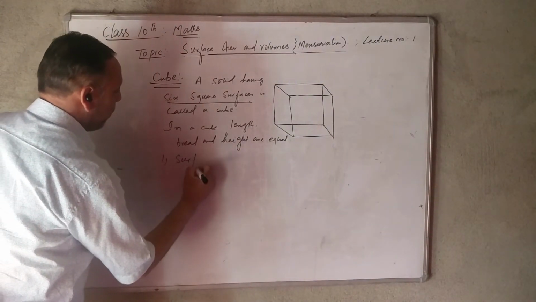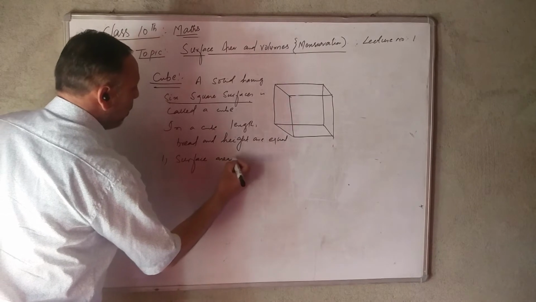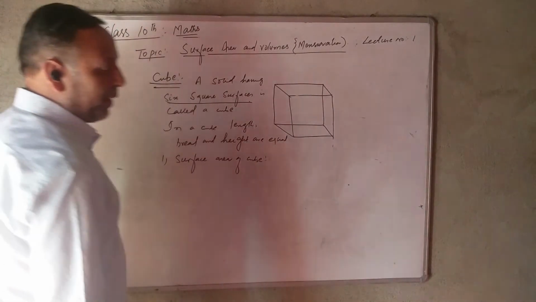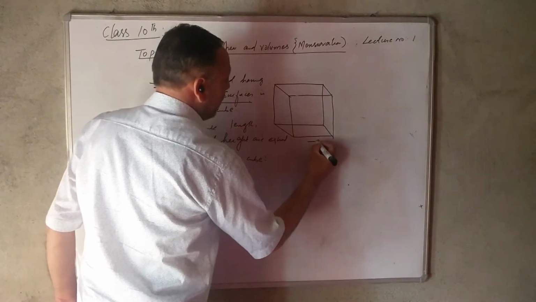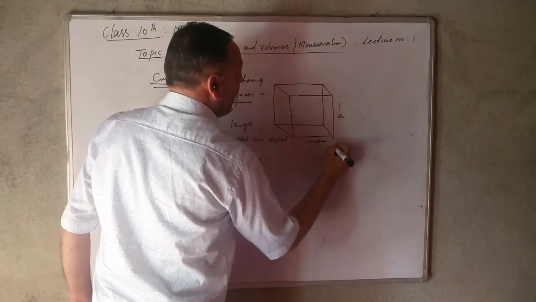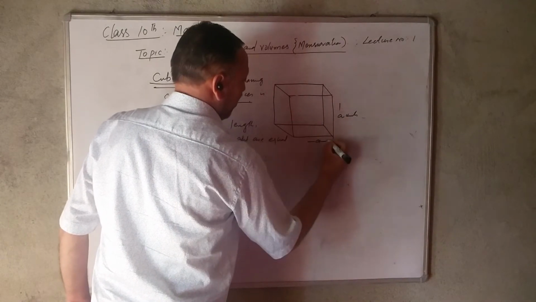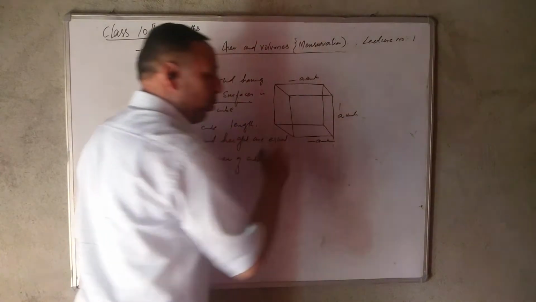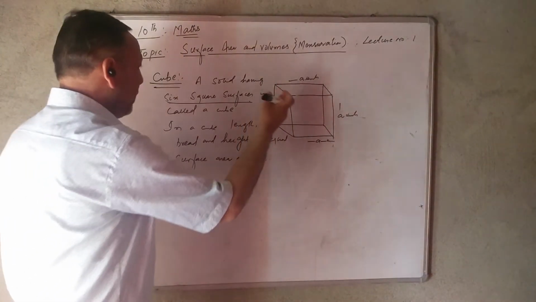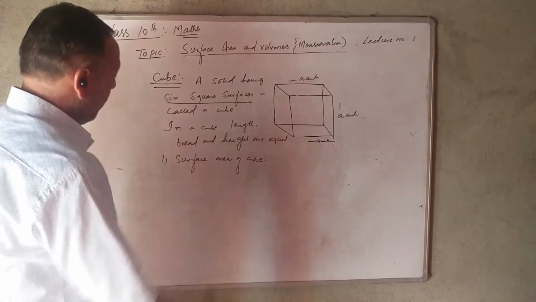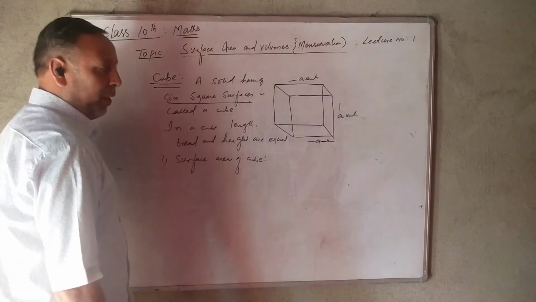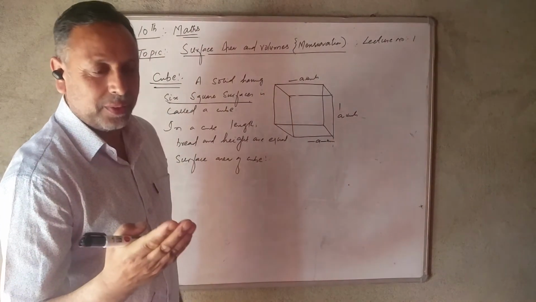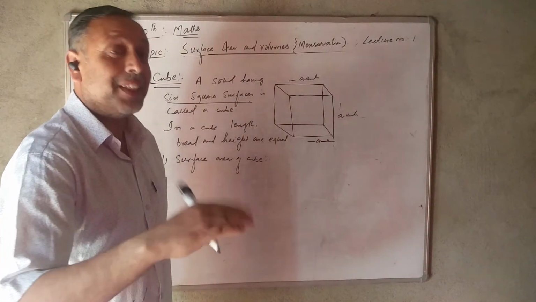Surface area of cube. Let us assume that each edge of a cube is A units. That means its length is A unit, its breadth is A unit, and its height is A unit. So the surface area of the cube, since it has 6 square surfaces, and area of one square surface will be A square, and 6 surfaces will be 6A square.